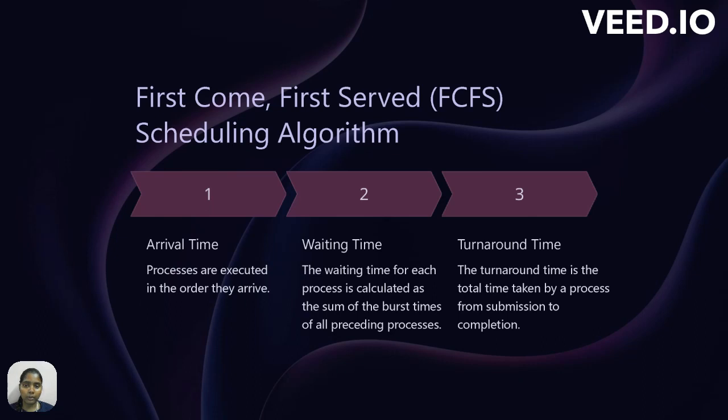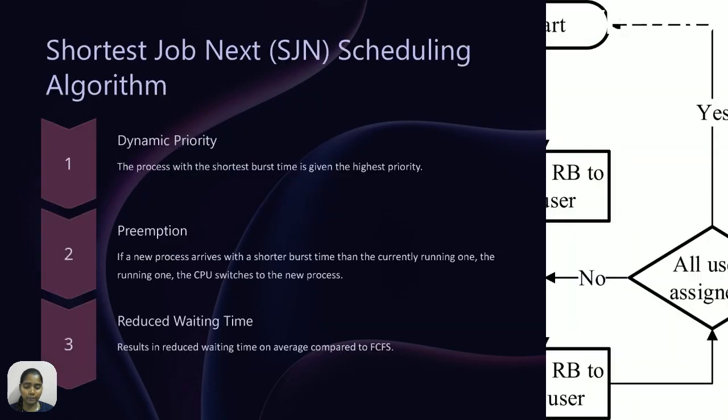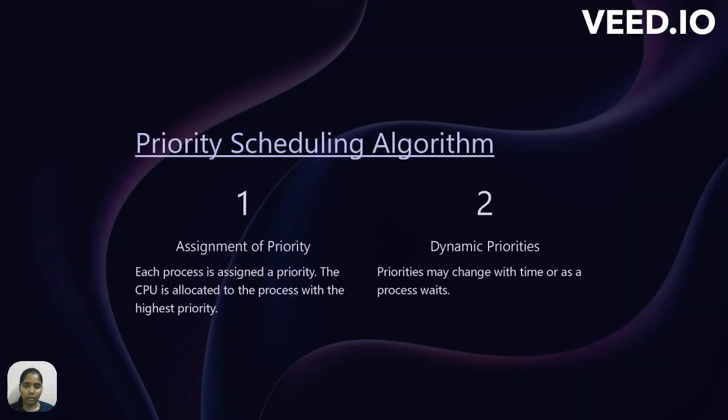We also learned about first come first served, also known as FCFS scheduling algorithm. We learned about arrival time, waiting time, turnaround time, and the shortest job next scheduling algorithm. This is also divided into three types: dynamic priority, preemption, and reducing waiting time.